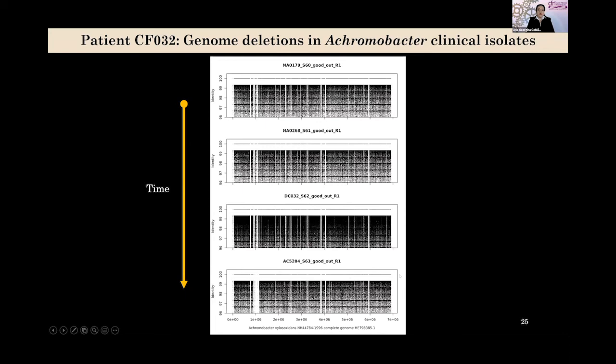And as you can see here, there are deletions that are different. For example, here we see that this large part of the genome is not present at all, whilst here some of it was present. So adaptations are happening not only among CF patients, but inside the lungs of one CF patient. Across time, we can see that the genomes are changing a lot.